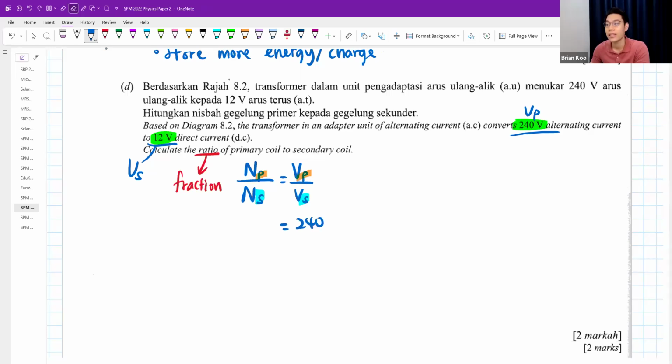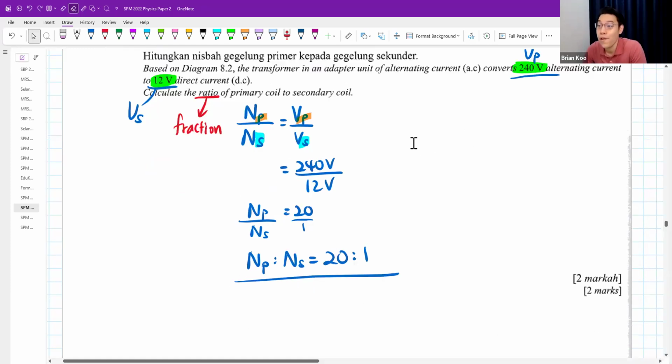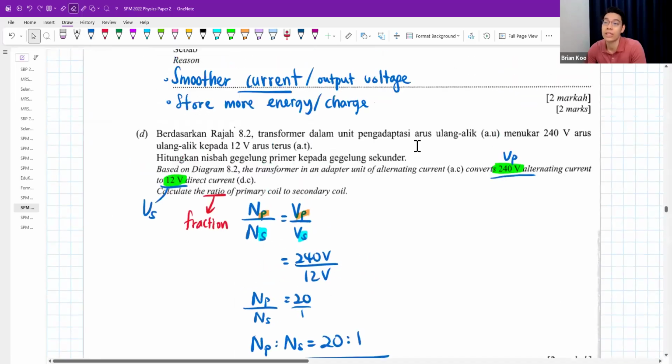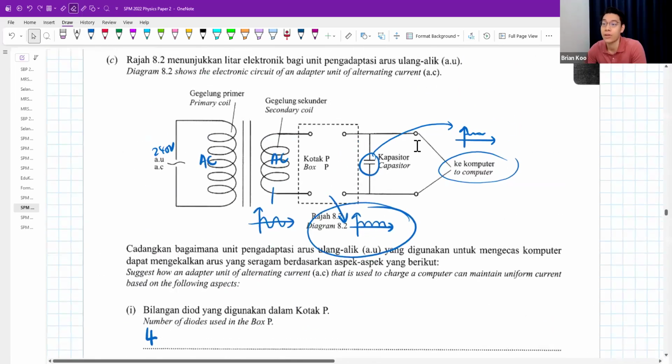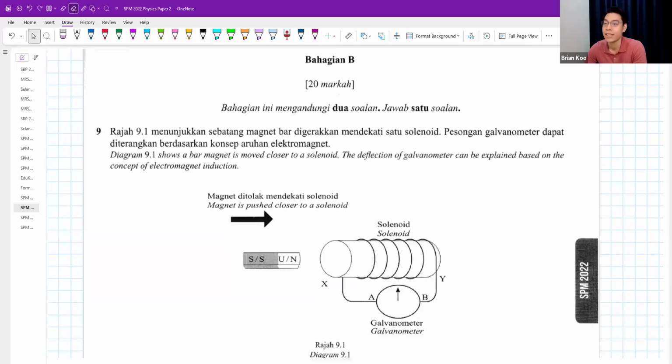Answer is 240 volts over 12 volts. Calculator will tell you it is 20. 20 is the same as 20 over 1, which means 20 to 1. Done. That is the answer in ratio. I think this is a very good question, in my opinion. A very good one. We continue with essay.